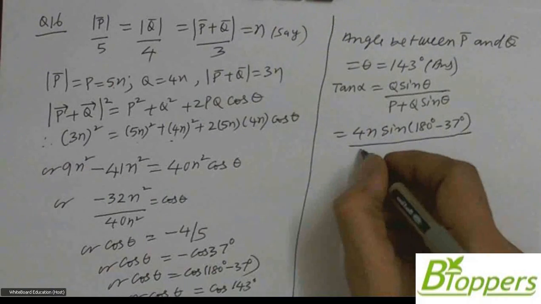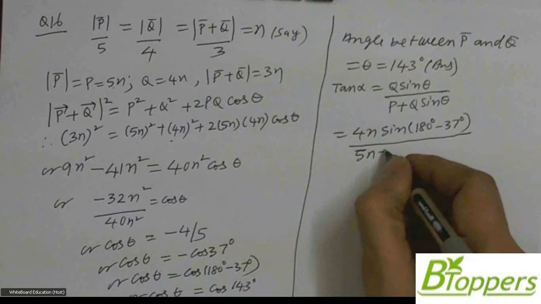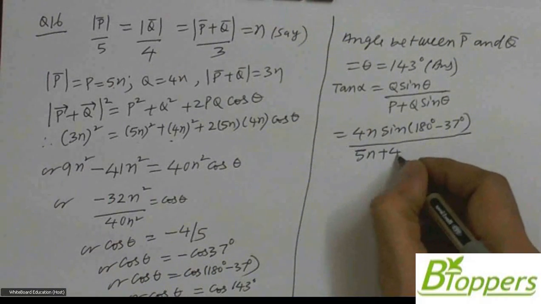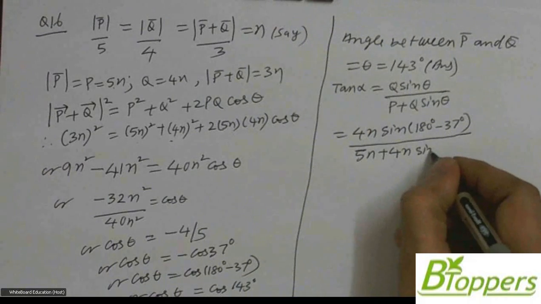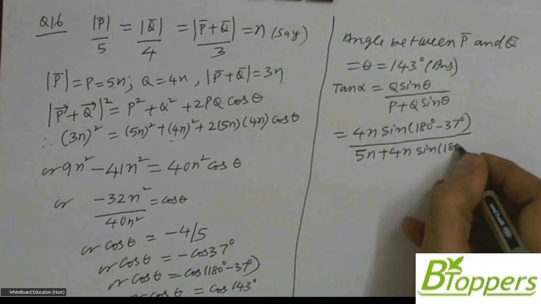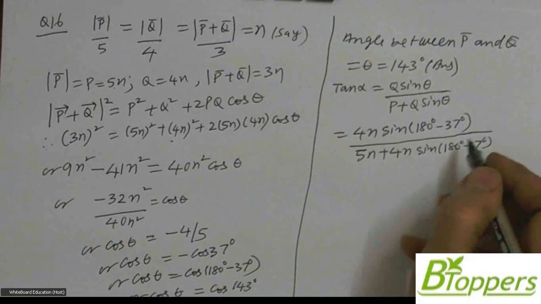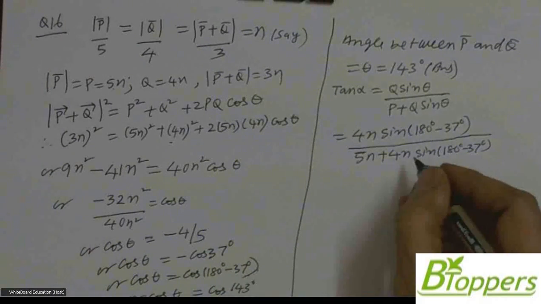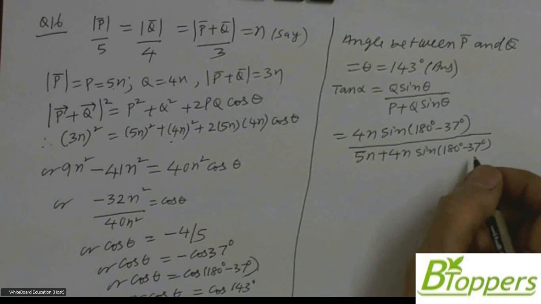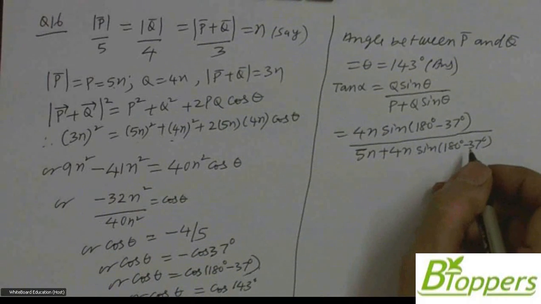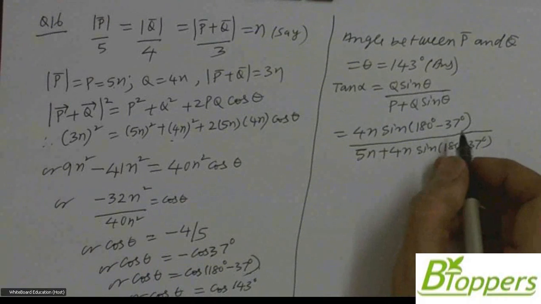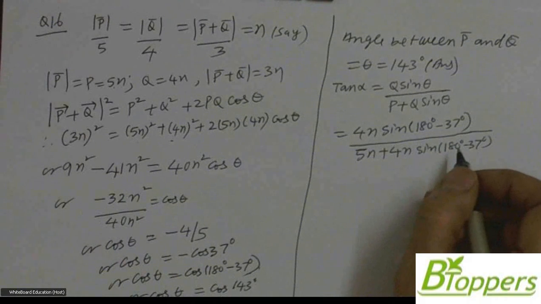And P equal to 5n again. 143 degrees, you can write as 180 minus 37 degrees for convenience of calculation, because you are given the values of sin 37 degrees and cos 37 degrees in the list of the problems.